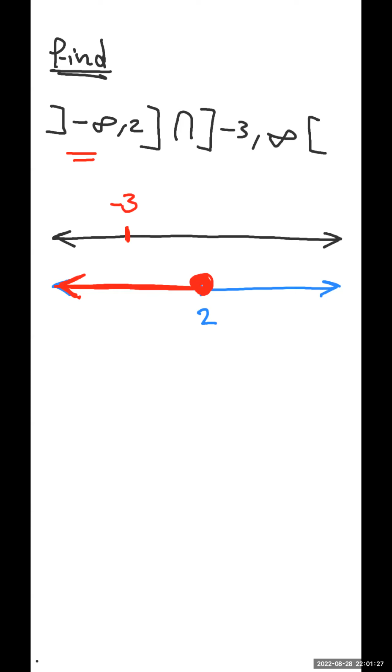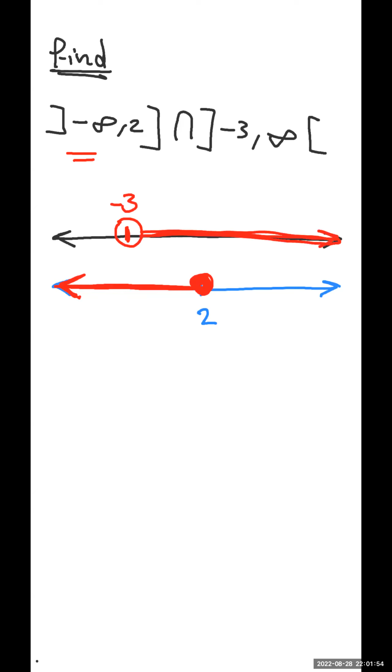Is it closed or open? Open. So unshaded. Now I'm going in one of the two directions. Actually, it's positive infinity. So I'm going to shade the whole right direction, correct? Like this.